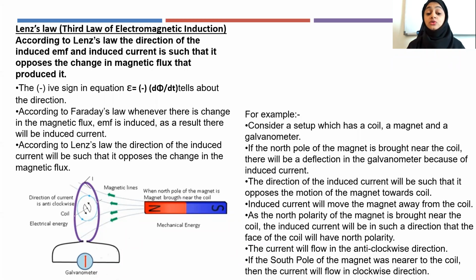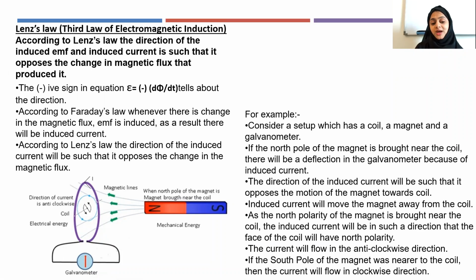The coil doesn't want to change the magnetic flux. So what will it try to do? It will try to attract the bar magnet. It doesn't want the bar magnet to go away from it. So which pole should come here if it wants to attract this bar magnet? South, obviously.